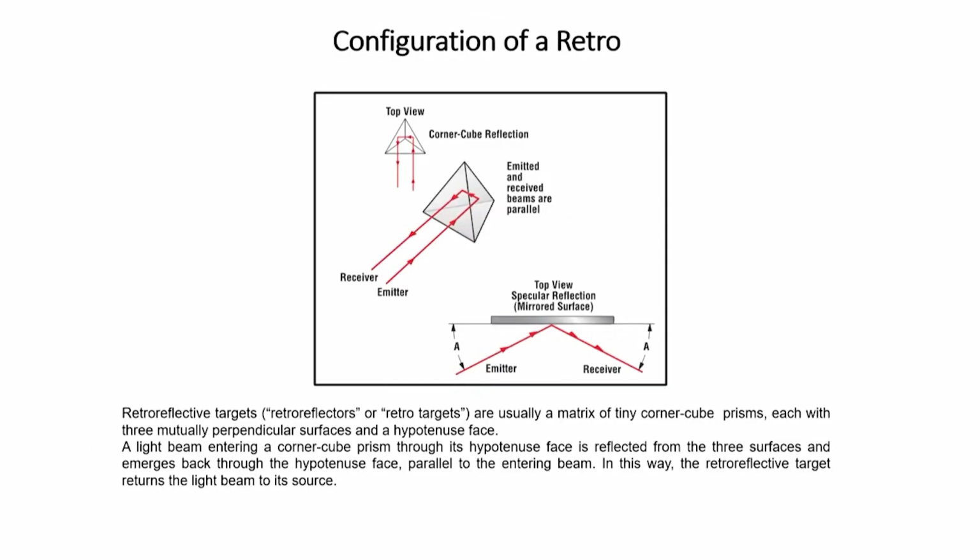So this is the configuration of a retro. Okay. In this case, for example, emitter and receiver create an angle with respect to the mirrored surface, but if you have this type of a situation, okay, the emitted and received beams will become parallel. So we will look for that type of retroreflective reflectors, usually a matrix of tiny corner cube prisms, so that you get the beams parallel.